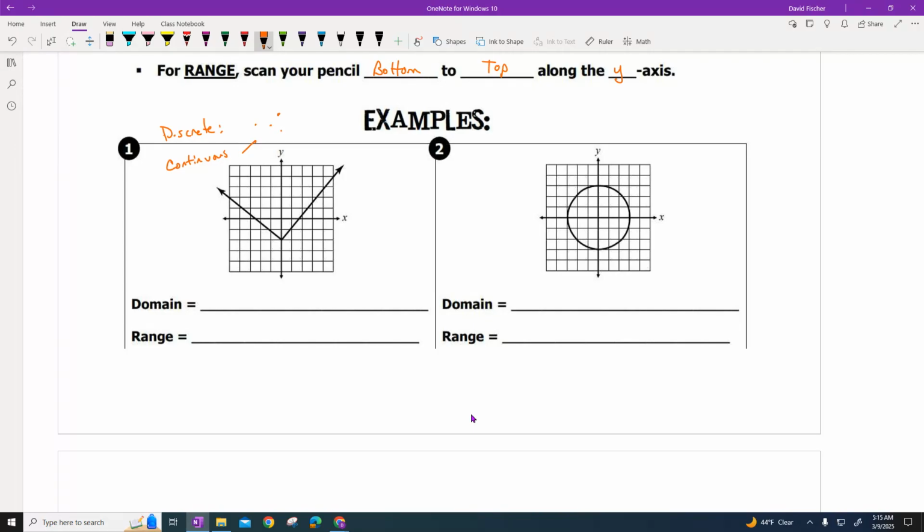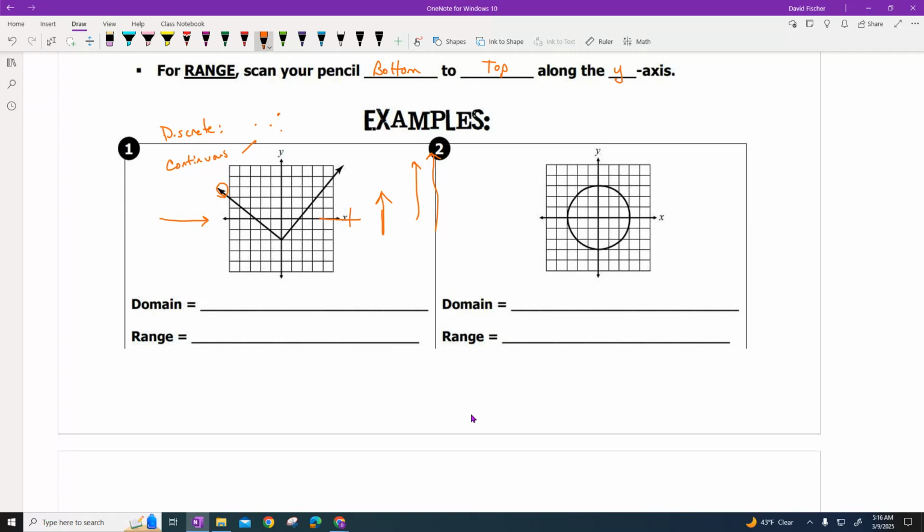But now, if we think about this, domain means my x's, and so I start reading my x-axis from left to right, and I figure out where I'm going to start hitting my graph. Because this guy has an arrow that goes forever to the left, and this guy has an arrow that goes forever to the right, even though he's going up, as I look up and down, I will hit my graph eventually somewhere up there on the roof and into outer space.